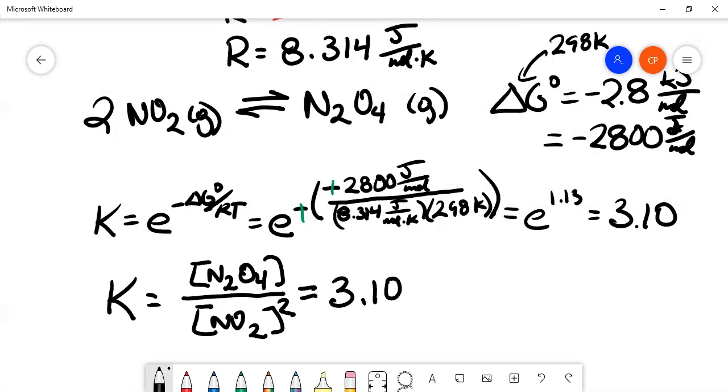That ratio right there of N2O4 to NO2 squared will always be equal to 3.10 at equilibrium at room temperature, 25 degrees Celsius.